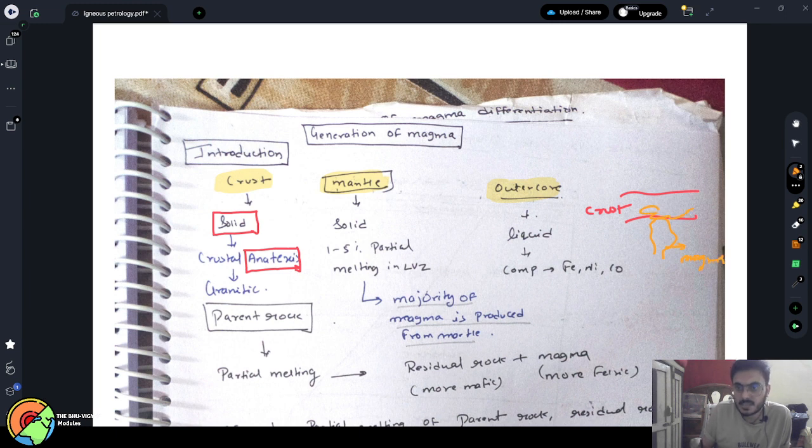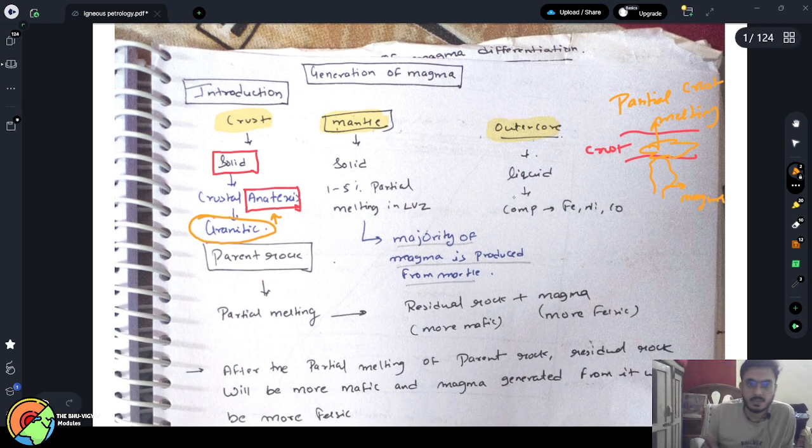It will cause the partial melting of this region. Partial melting of the crust is known as the anatexis process. It will produce magma which is granitic in nature. This is very important. The crustal anatexis process will produce magma of granitic composition.